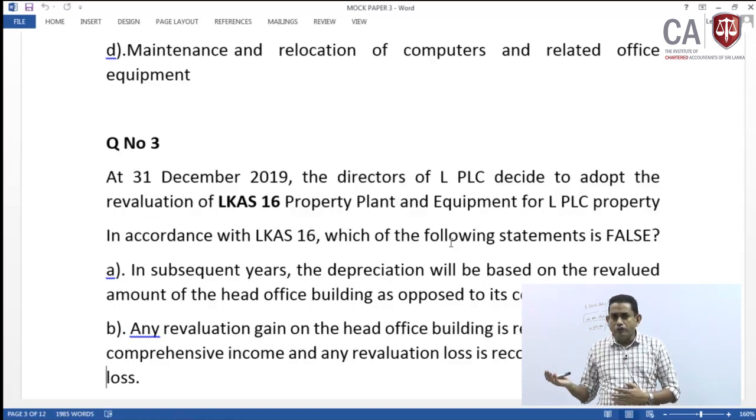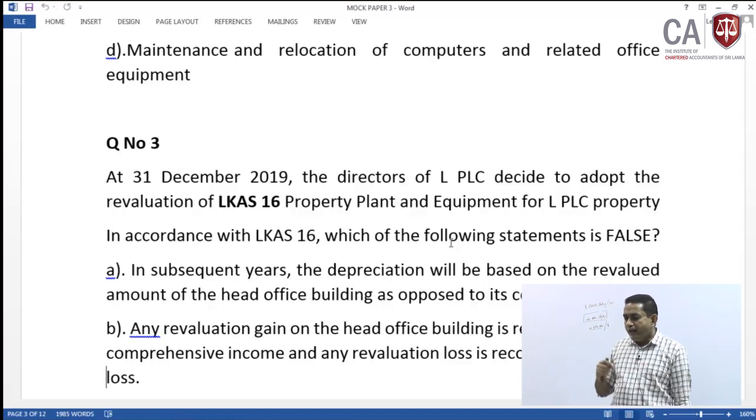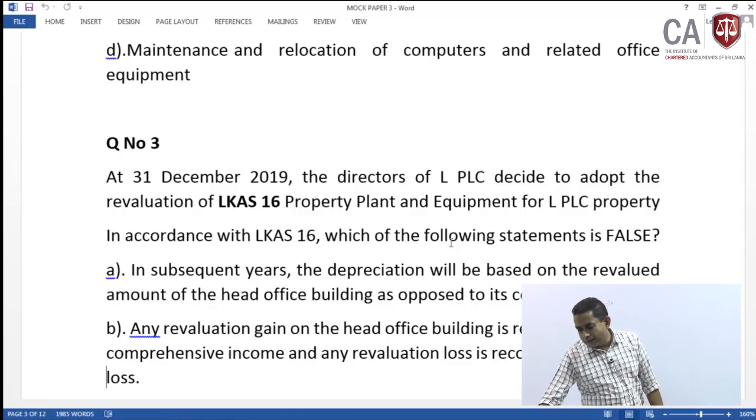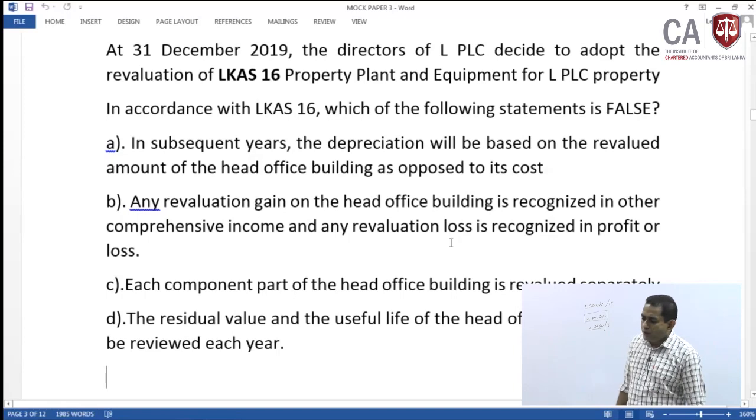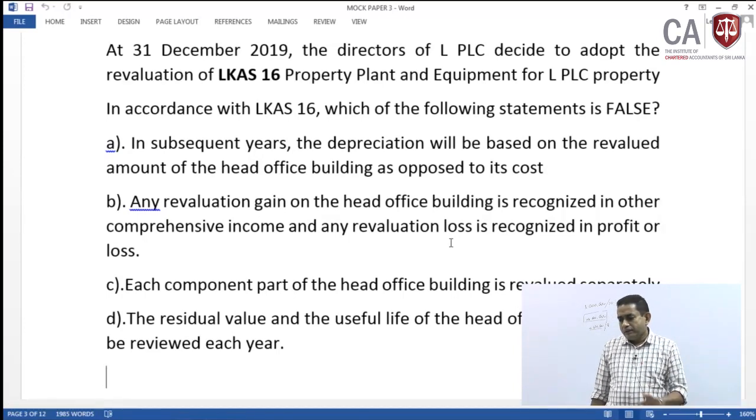But in fair value model, you should recognize all ups and downs of fair value to profit and loss indiscriminately. So, the second statement is also correct, that in subsequent years any revaluation gain on the head office building is recognized in other comprehensive income, and any revaluation loss is recognized in profit or loss. That is also correct.